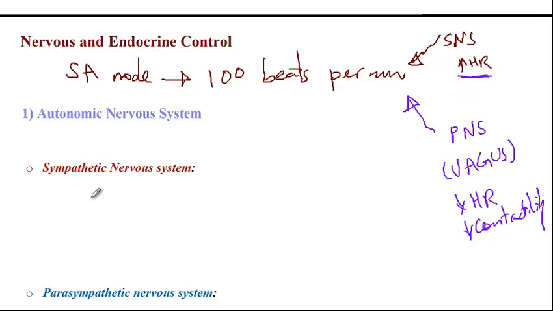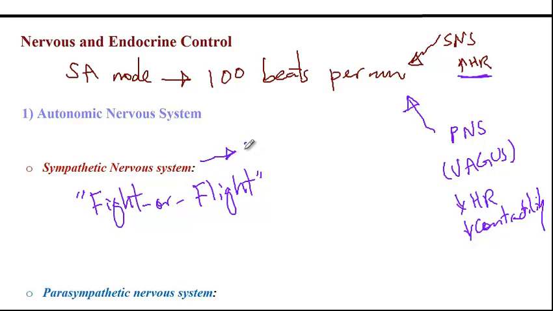And so this system is referred to as the fight or flight response. The sympathetic nervous system is activated with the release of the neurotransmitter norepinephrine that increases the heart rate and blood pressure. And so under these circumstances, we are ready to cope with this stressful condition somehow by either running away.